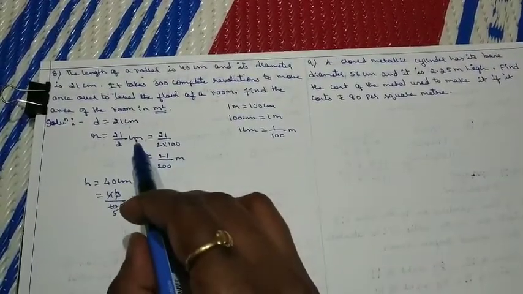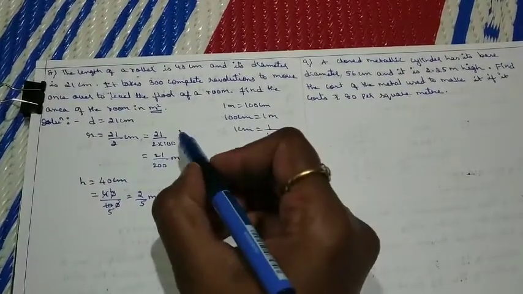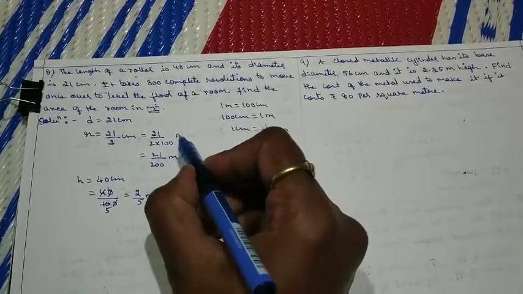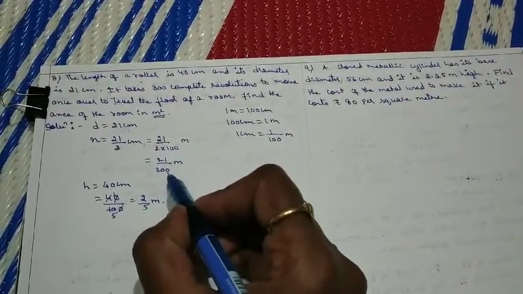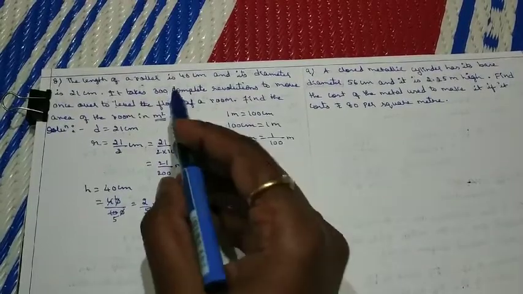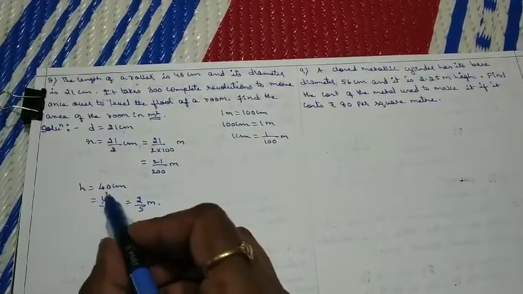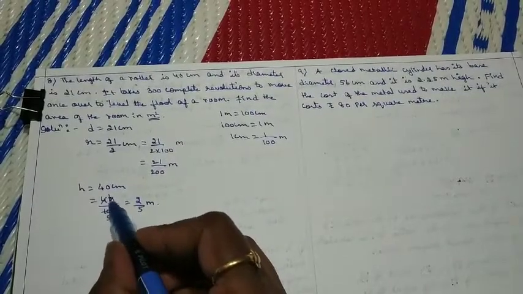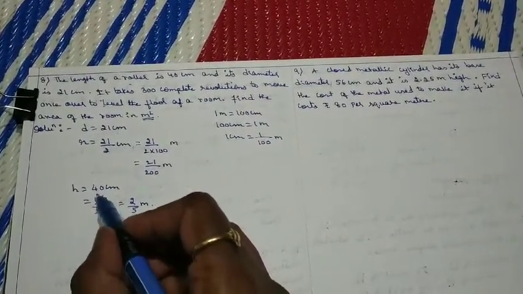So here the radius which is in centimeter is converted into meters, that is 21 divided by 2 into 100 meters, that is 21 by 200 meters, and height, that is length of the roller, is 40 centimeter. So 40 by 100, the 0 0 get cancelled, 2 2s are 4, 2 5s are 10, so we get 2 by 5 meters.